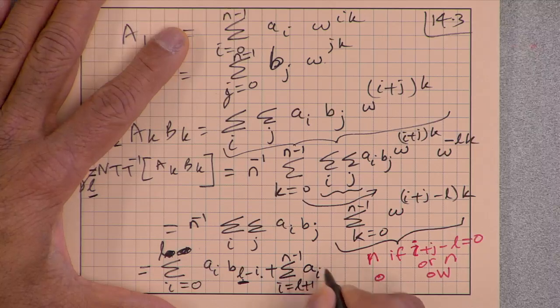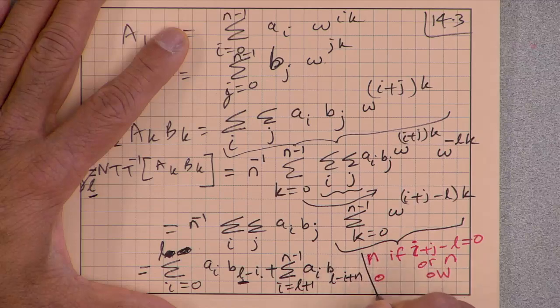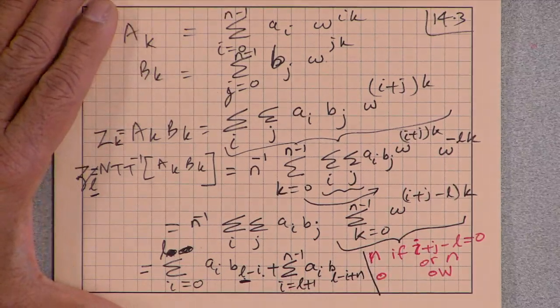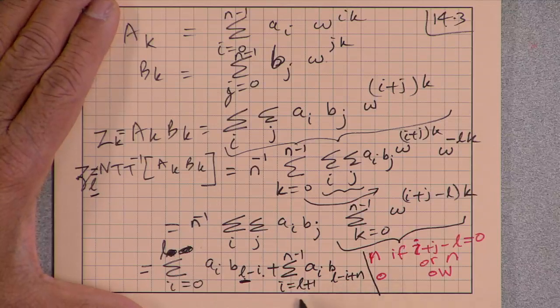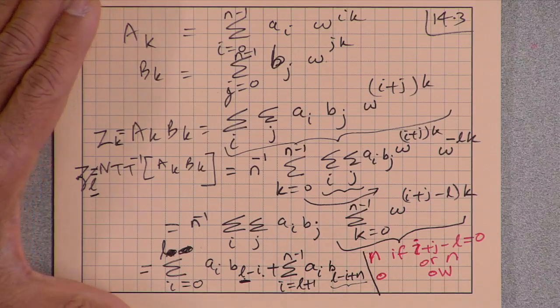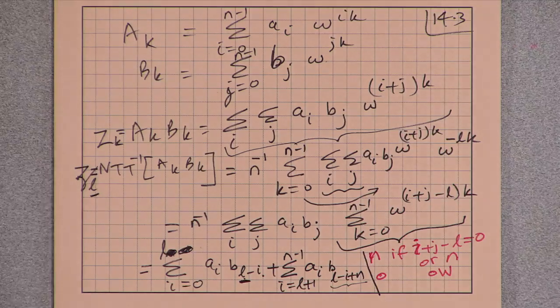So this will become A_I B_(L minus I plus n). If I is L plus 1, then this whole thing will be n minus 1. That's how we make sure that the index of A and B, in particular B, will be non-negative.